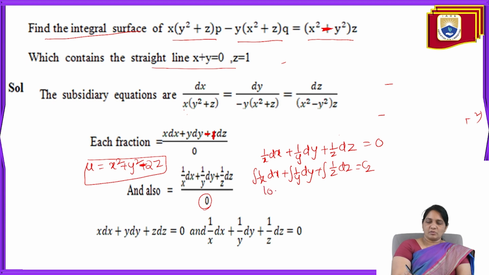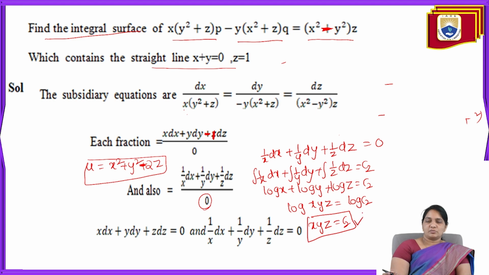So now log x plus log y plus log z equal to some c2. So log xyz equal to, taking log on both sides, log c2. So finally xyz equal to c2. This is my second solution.